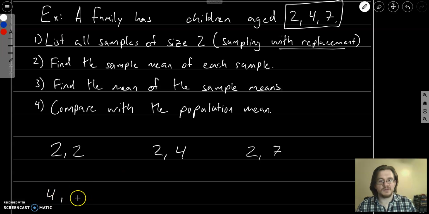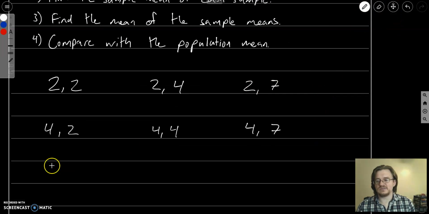If we pick 4 first, we might pick 2 second. If we picked 4 first, we might pick 4 again. Or if we pick 4 first, we might get 7. And then the last ones would be if we chose 7 first, then we might pick 2 second, or 4 second, or 7 again. Okay, so these are all 9 samples.